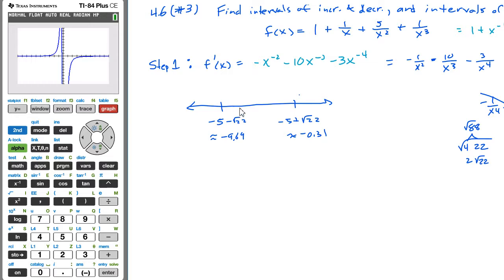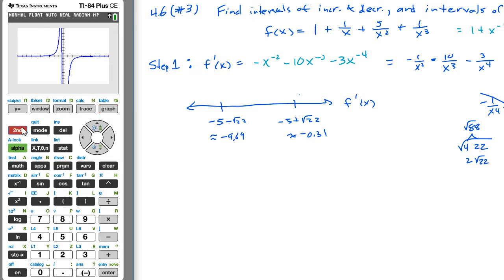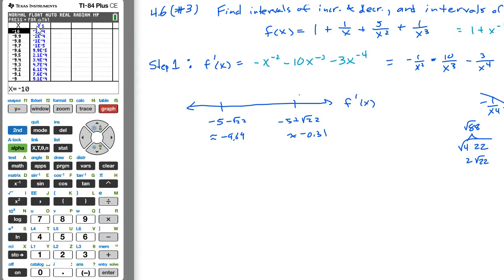Now, in terms of the derivative, we're going to look at the f prime behavior. If I look at the graph, again, it's a bit hard to discern what's going on. So I'm going to go to a table. Again, I'm going to go second function table. Notice once I'm at negative 9.7 and more negative, below that, I'm getting a negative derivative.